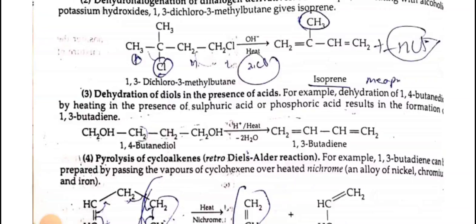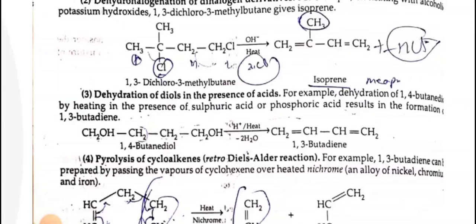Fourth, pyrolysis of cycloalkenes, the retro-Diels-Alder reaction. For example, 1,3-butadiene can be prepared by passing the vapors of cyclohexene over heated nichrome, an alloy of nickel, chromium and iron.